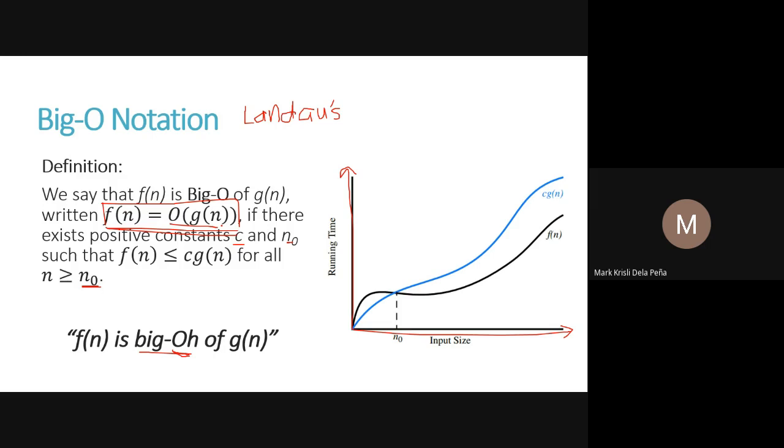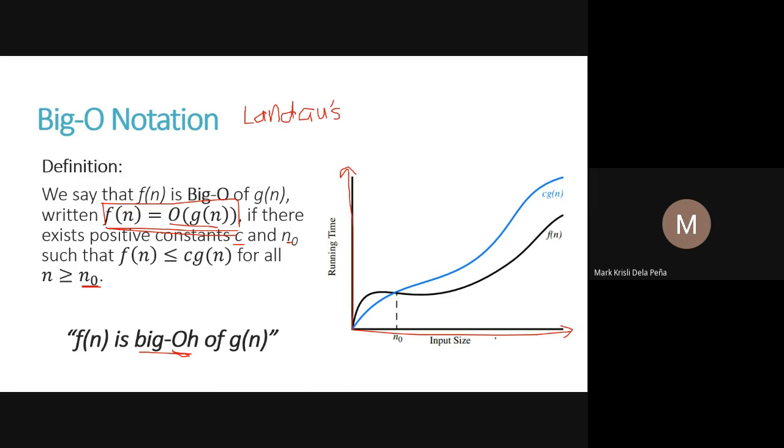Again, recall asymptotic, as we defined earlier, has to do with n as it grows larger and larger. We use big O notation for asymptotic upper bounds, meaning the worst case scenario of the growth of the function.